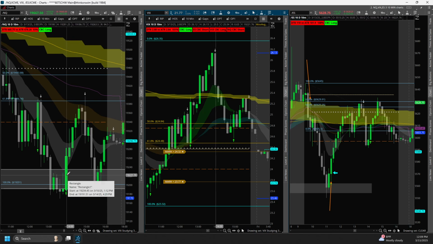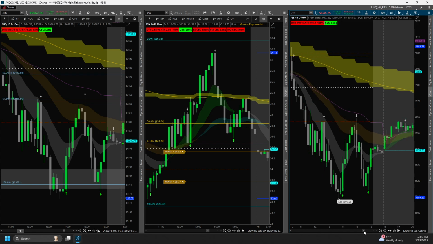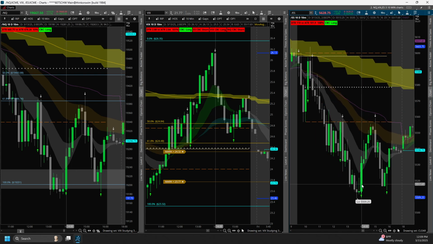And then the same thing here, right? Big pop off of the bottom. I think I got to go forward a day. Yep, right here. Big pop off of the bottom here on ES, right? It pushes up into the ORB low. And from here at the ORB low, this was actually a really solid trade setup, right?